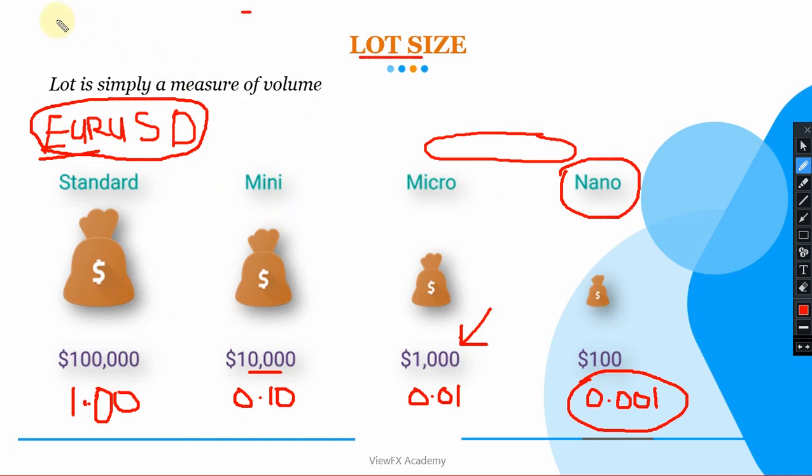Now, remember that some brokers allow you to deposit $10. So how can you use $10 to buy 100,000 units of this currency? We shall get there. That is what we call leverage. Your broker lends you money to trade the forex market. We shall get to that.